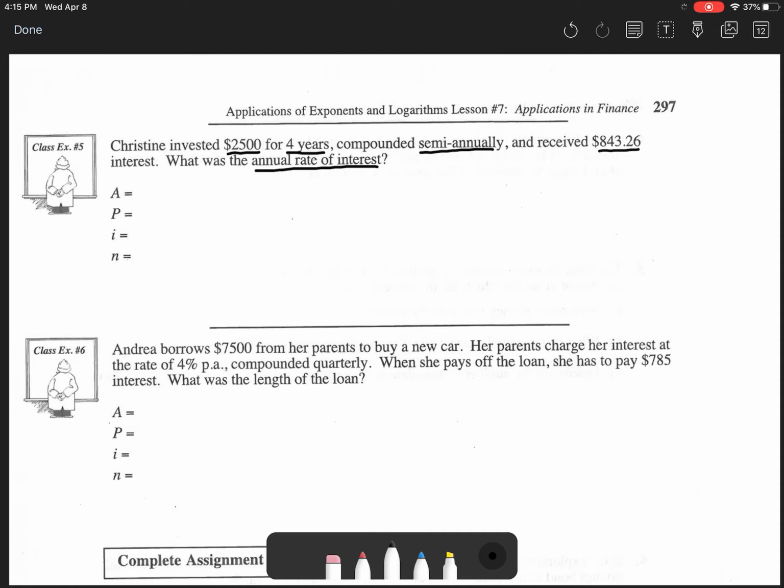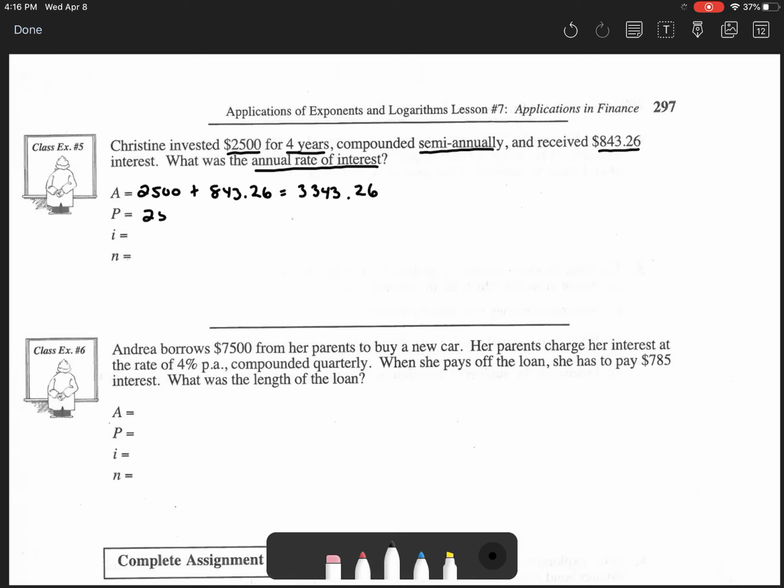So her final amount, right? We know that we have to use the formula A is equal to P times 1 plus I to the exponent of N. So A is the final amount. Well, the final amount will be how much she started with plus the amount of interest that she accumulated, which is $843.26. So that is going to be a total amount of $3,343.26.